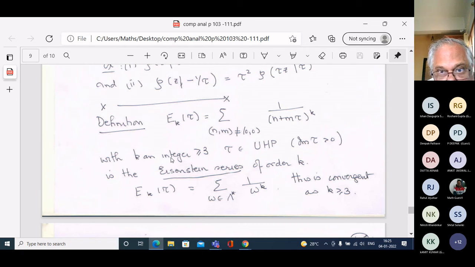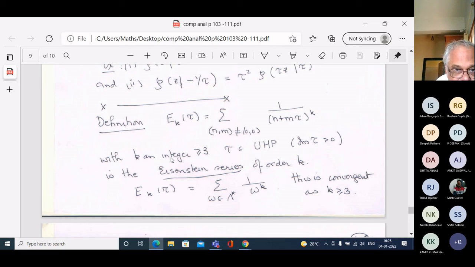Let E_k of tau be that particular sum, 1 over (n plus m tau) to the power k, where k is an integer. And you want it to converge, so I want an integer k which is greater than or equal to 3. Tau is in the upper half plane, the imaginary part of tau is greater than 0.